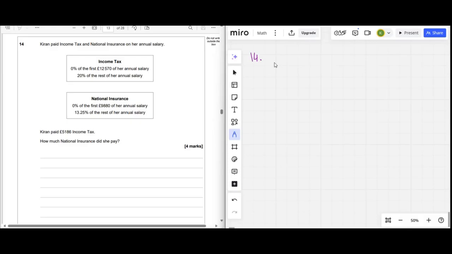National insurance is 0% on the first £9,880 of her annual salary, and the rest is at a 13.25% rate. Kiran paid £5,186 tax. How much national insurance did she pay?